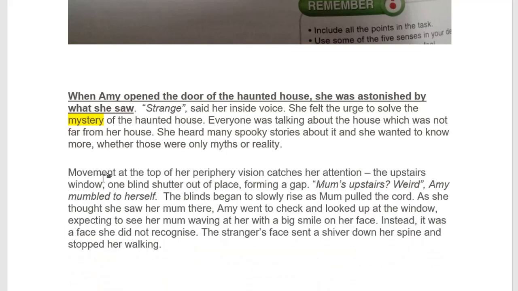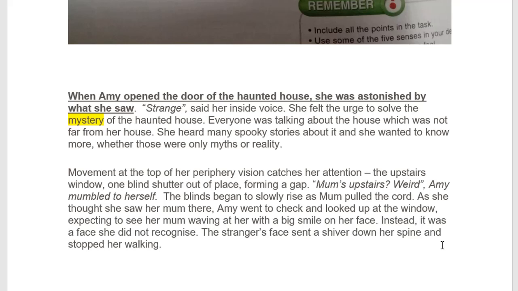The second paragraph. Movement at the top of her periphery vision catches her attention. Periphery vision, from the corner of her eye. The upstairs window, one blind shutter out of place, forming a gap. Mum's upstairs? Weird, Amy mumbled to herself. See, this is called a monologue. The blinds began to slowly rise as Mum pulled the cord.